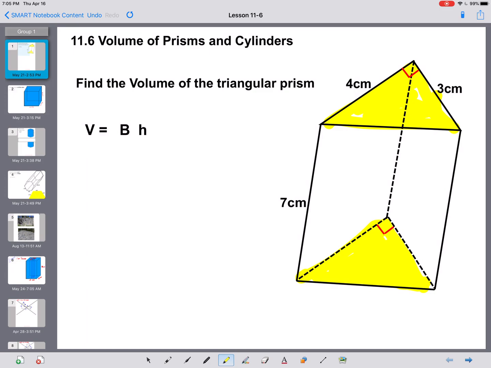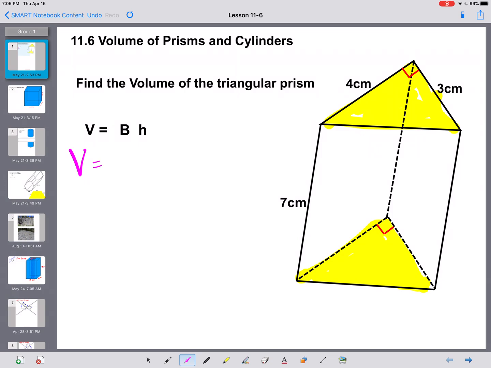Now, to get the volume, we have our formula. Look on your formula sheet for prism. The formula is capital B times H. Now look at the very bottom of the formula sheet. What does capital B stand for? Yeah, it's the area of the base. We've got a triangle base, so we want to get the area.